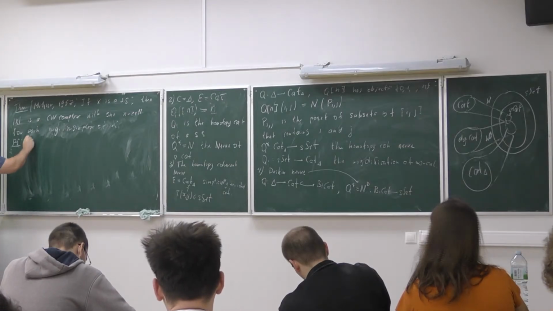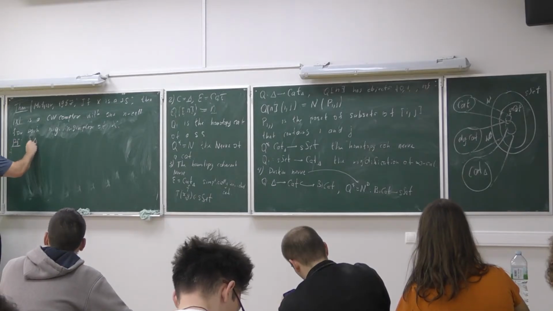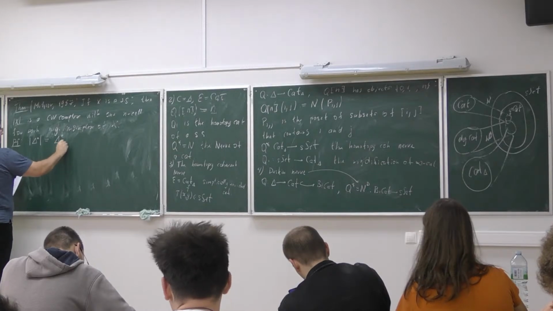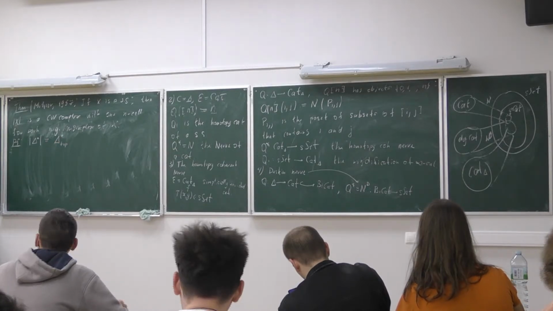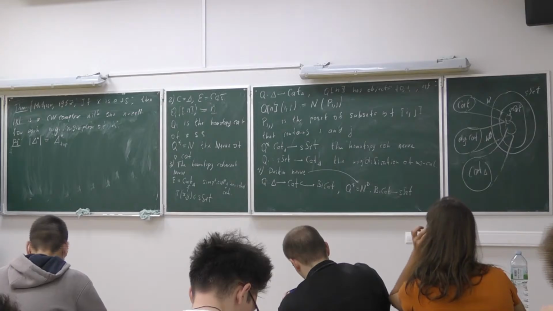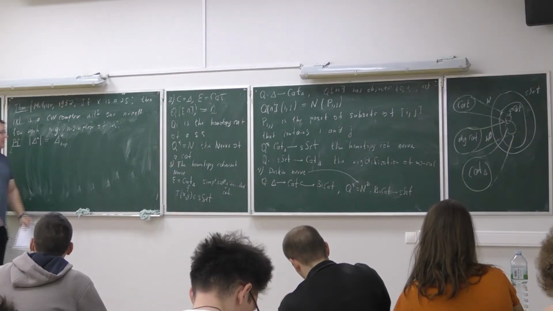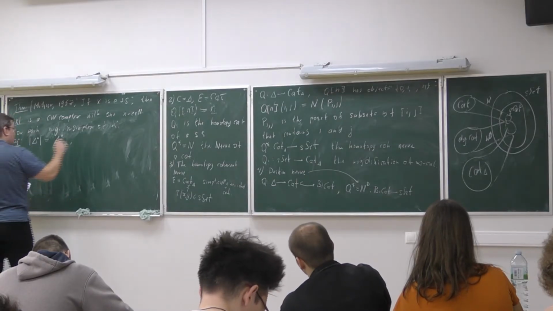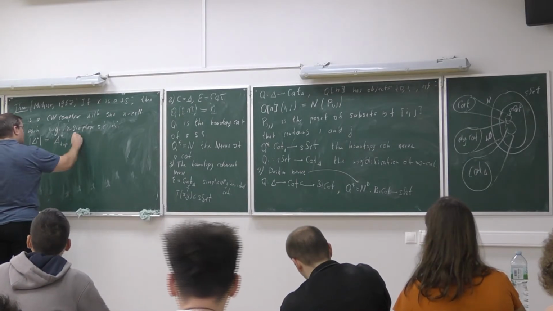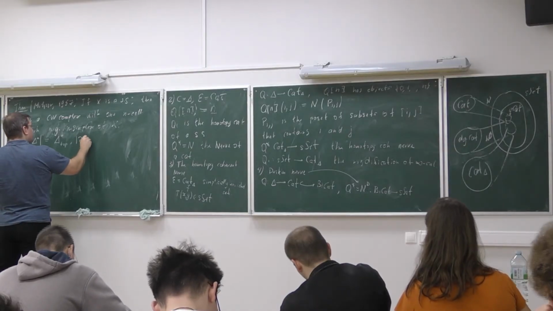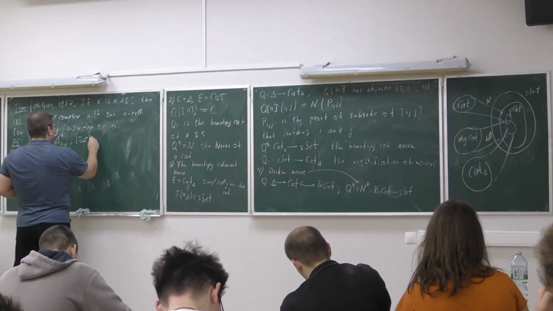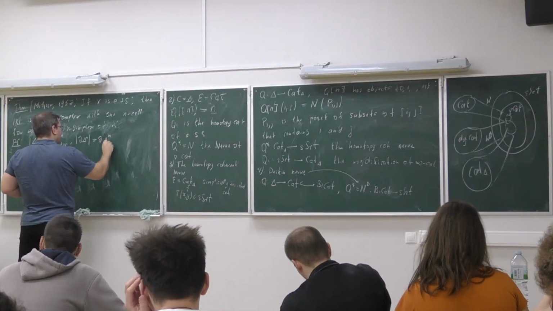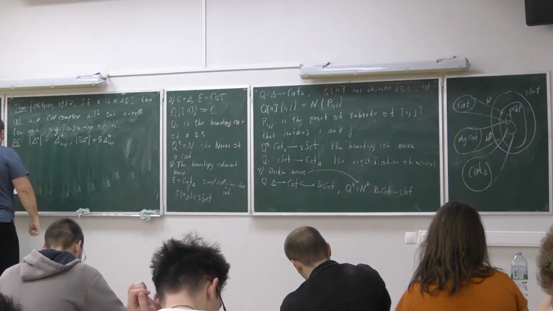The first one is that if you take the geometric realization of the standard simplex, you'll just get the standard topological simplex, which immediately follows from the definition. Then there is a small computation, which I'm leaving to you as an exercise. If you take the geometric realization of the boundary of the standard simplex, you get the boundary of the topological simplex, namely this (n-1)-dimensional sphere.